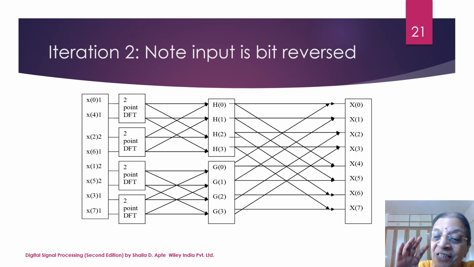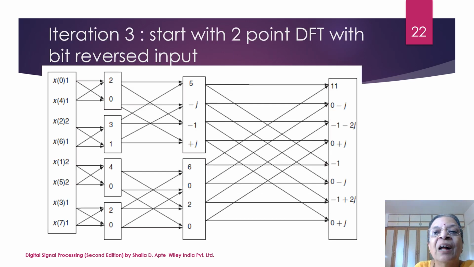Out of this, if we consider even values, we will get x0 and x4 on one side, then x2 and x6 as the odd numbered, and then compute 2-point DFT. So this becomes now complete bit reversal. And then after 2-point DFT computation, you compute 4-point DFT computation, and then you compute 8-point DFT computation on these computed values. Okay. So start with 2-point DFT with bit reversed input.